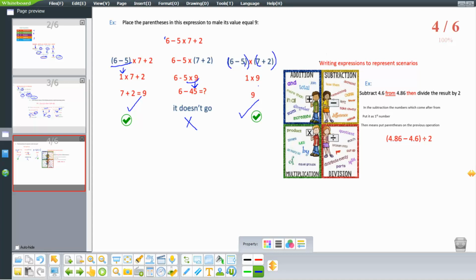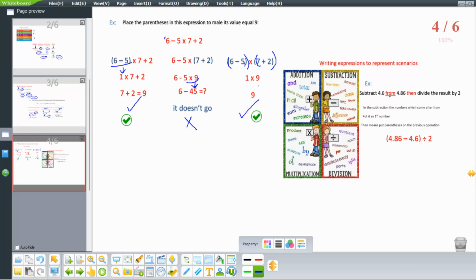Okay, here we have a very important lesson: how to translate the expression into numerical mathematical form. Okay, let's see. If we have this exercise: subtract 4.6 from 4.86, then divide the result by 2.